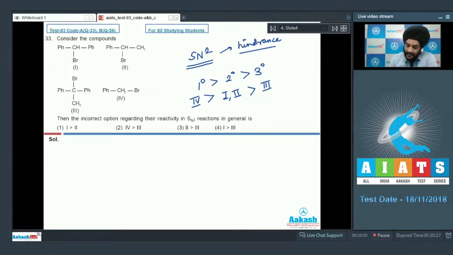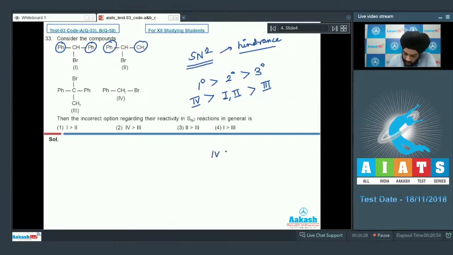Now if we have to select between 1 and 2, let us look at the structures now. Structure 2 has 1 phenyl and 1 methyl. Okay, and structure 1 has both phenyl. And students, we know that the steric hindrance caused by 1 phenyl is greater than that caused by a methyl group. So the reactivity will be such that 2 is more reactive than 1.